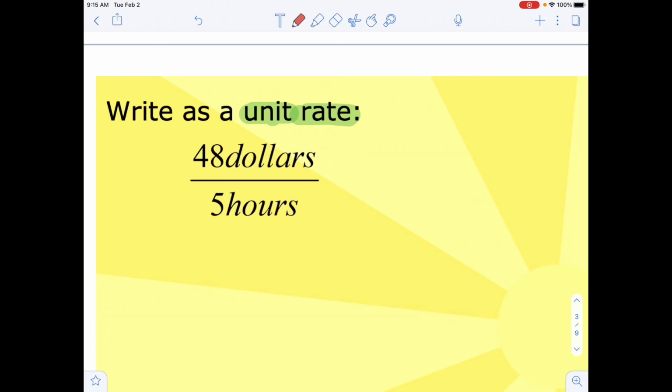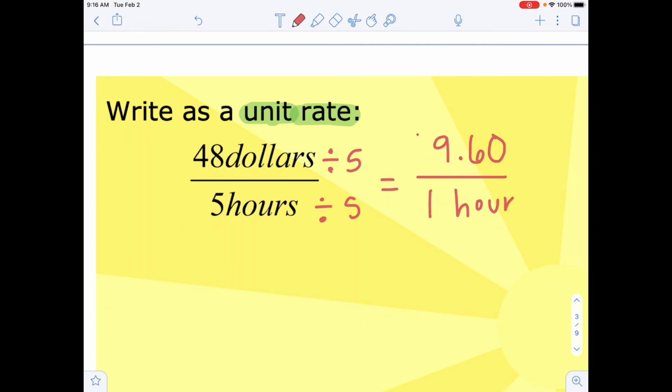So to get this denominator to be 1 hour, I'm going to divide both of these by 5, because that's going to tell us how much money we have in 1 hour. 48 divided by 5. And remember, you can use your calculator. 9.6, but since we're talking money here, I'm going to do $9.60, and I'm going to make sure I have a label, because unit rates need 2 labels and a 1 on the bottom.